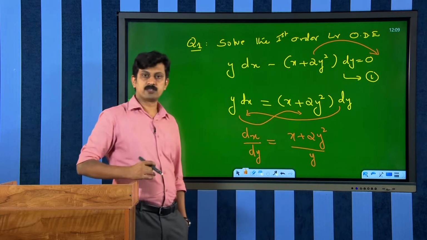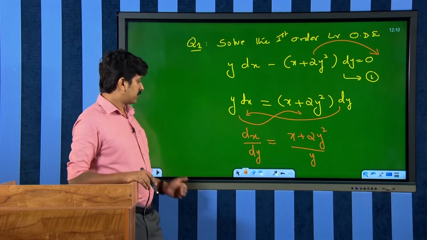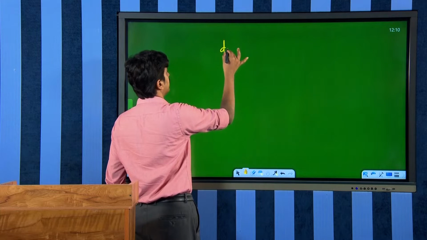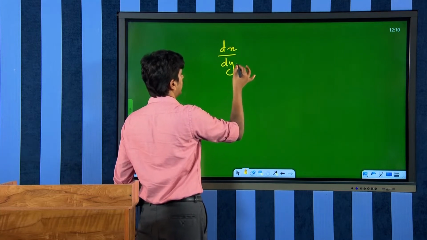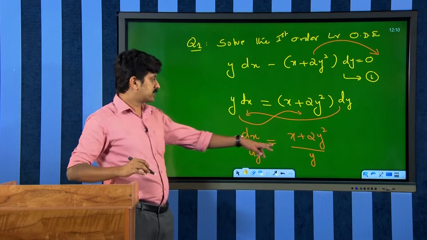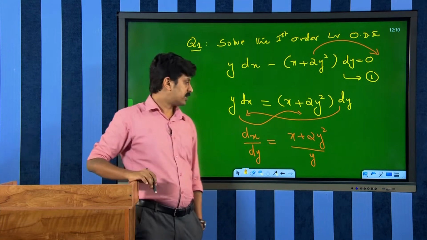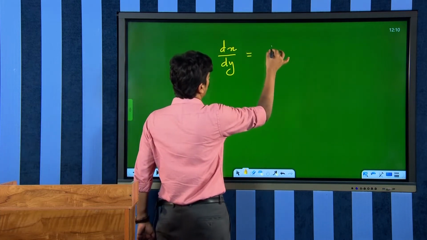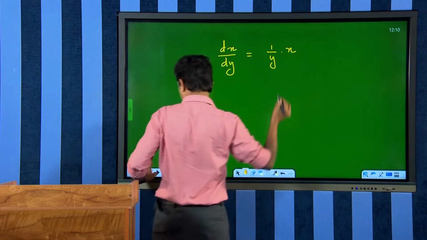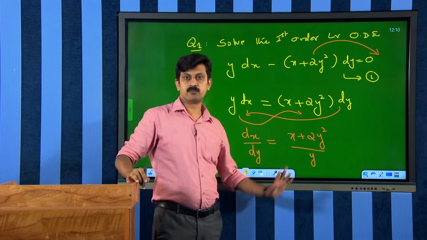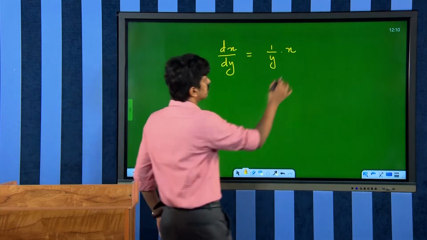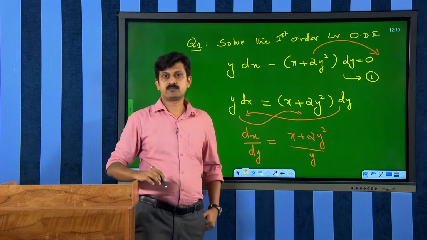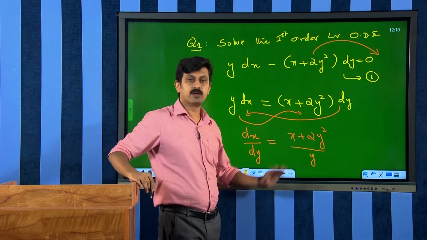We can write this as 1 by y into x, and 2y square by y, that is actually 2y, plus 2y.